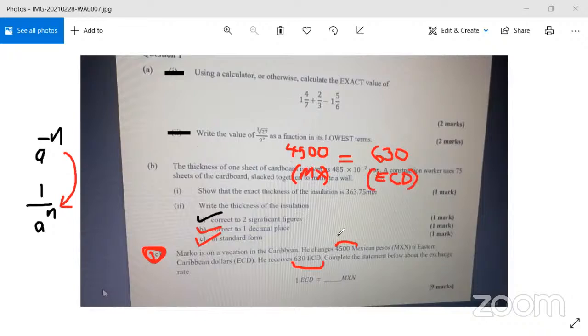How would we get the value of just 1 ECB? How would we go from 630 to just $1 of this amount?